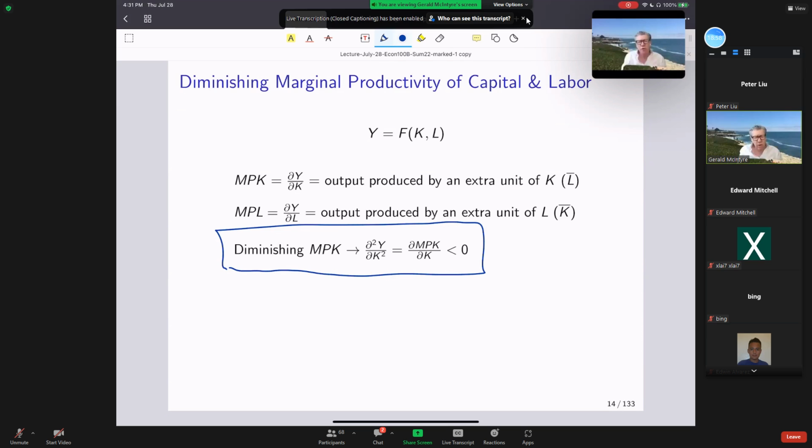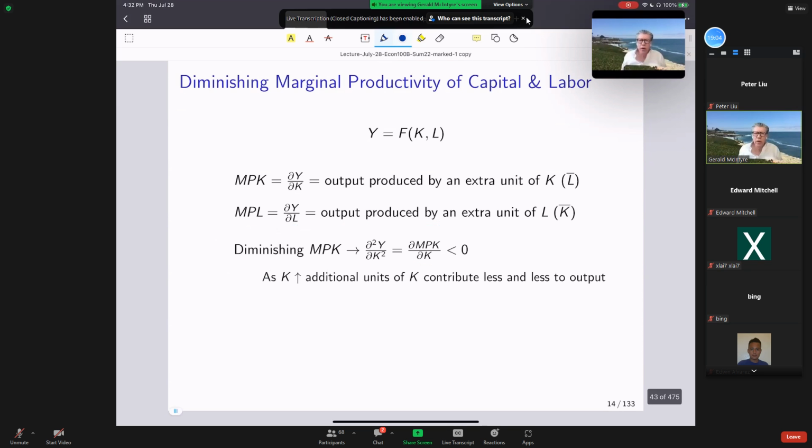And that requires the second derivative of the production function, or the derivative of the marginal product with respect to capital, to be falling, negative. Likewise, for diminishing marginal product of labor, the second derivative of the production function with respect to L, or the derivative of the MPL with respect to L, is negative. That's the idea.